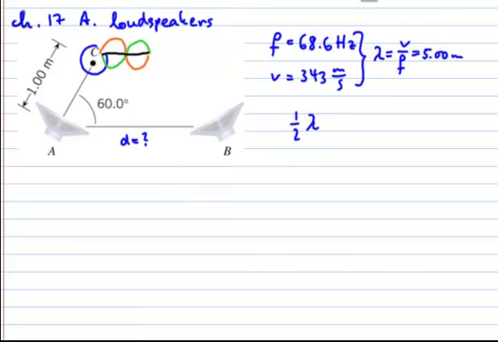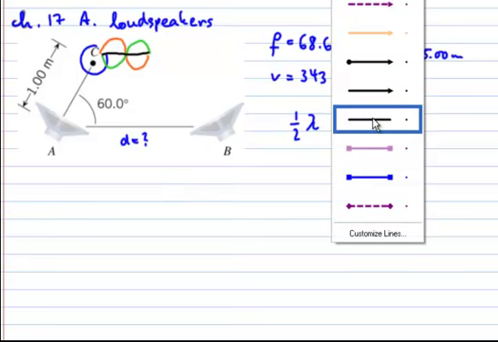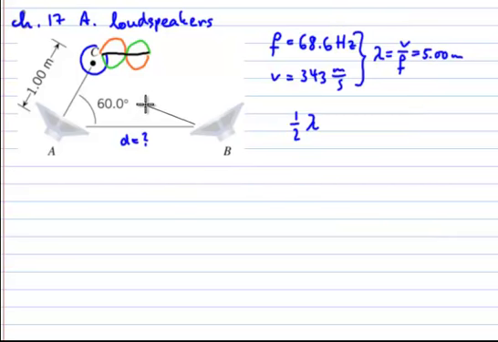It depends on the geometry that we have here, and I'm going to draw one line that doesn't show yet. It's this line here. This one is a certain distance d1, and this one is a certain distance d2, and d2 is just that 1/2 wavelength longer than the other one.